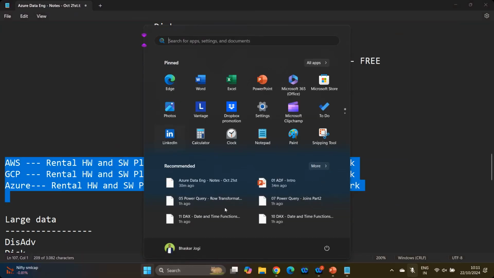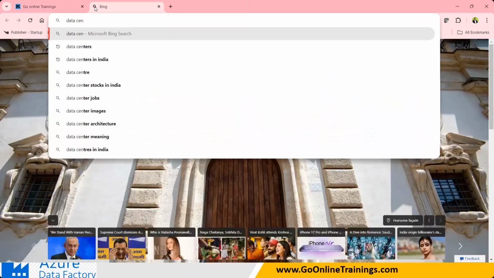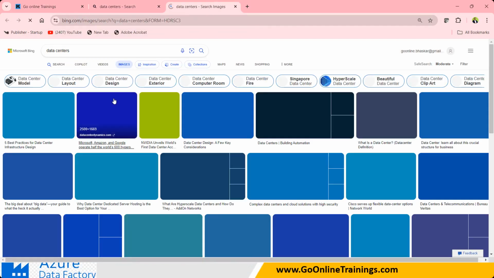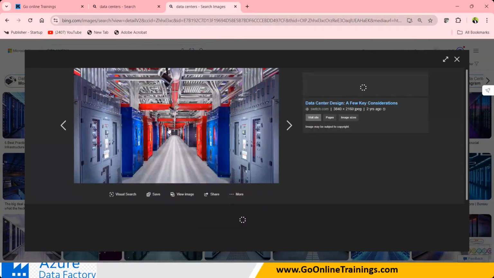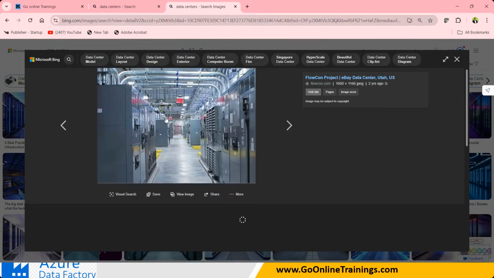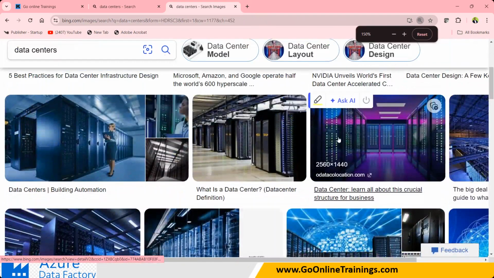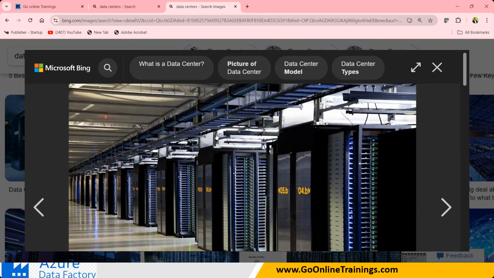When you go to data centers, you will be able to see a lot of data centers worldwide, right? These are bigger computers. Thousands of machines are available, and these machines are completely run by bigger cloud platforms like Amazon data centers and Google Cloud data centers.